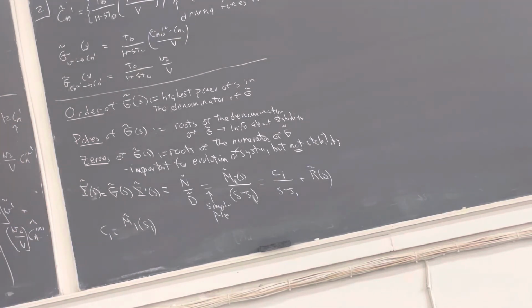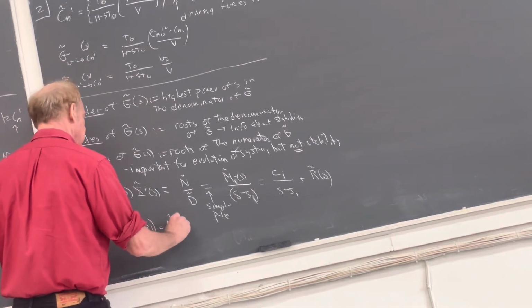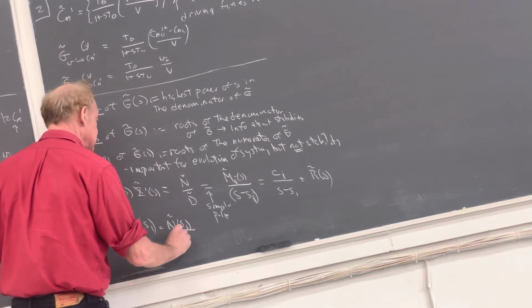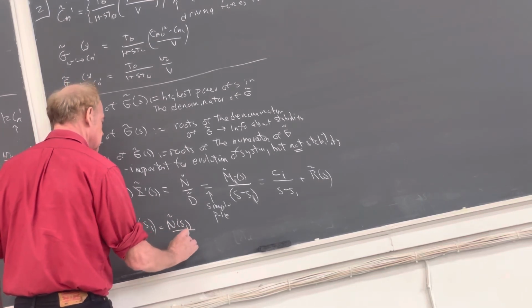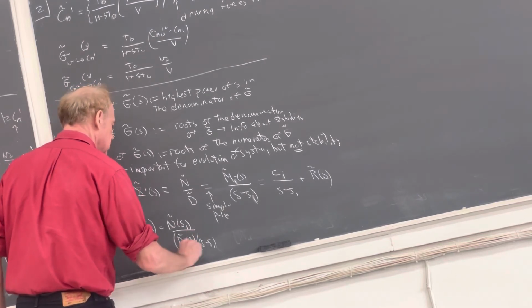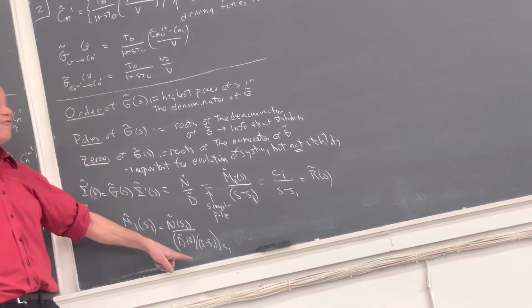In the case where we have some pole, notice that this is N tilde of S1 divided by D tilde of S divided by S minus S1, evaluated at S1, where we just take out that factor.